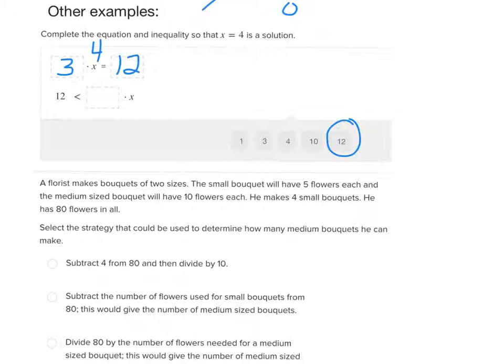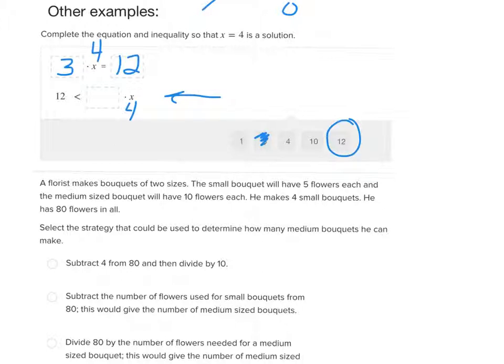Now, 12 is less than something times x. So we've used the 12, we've used the 3. If 4 is going to be a solution to that, 4 times some number has to be greater than 12. Of the ones left, it has to be 10.